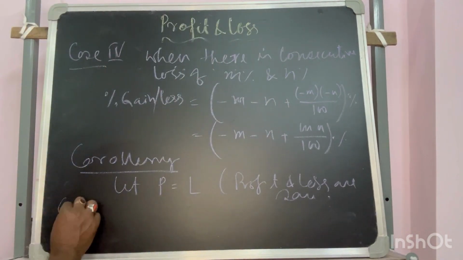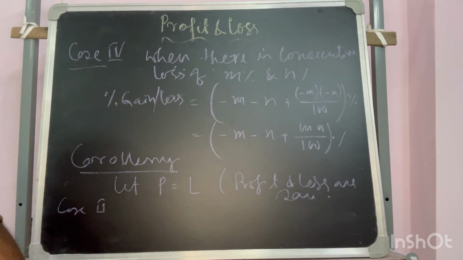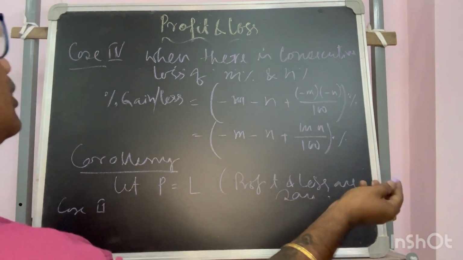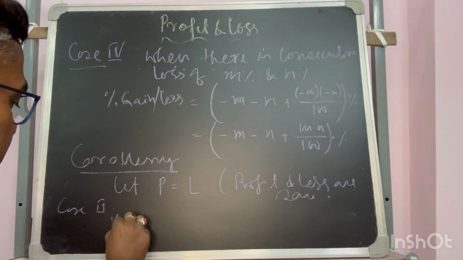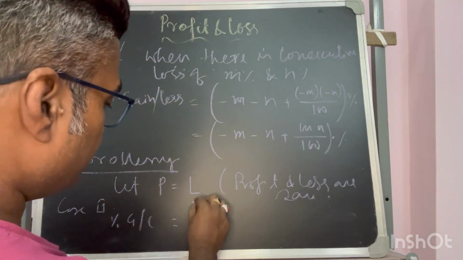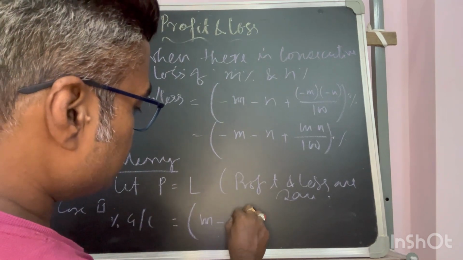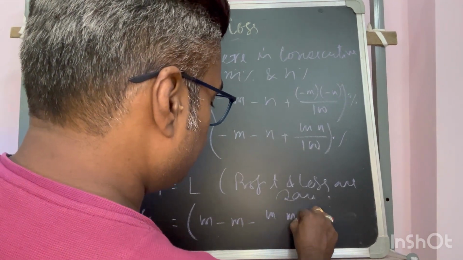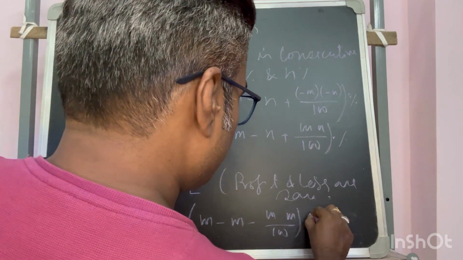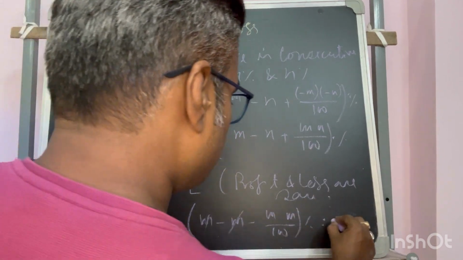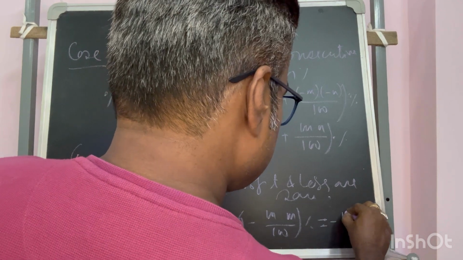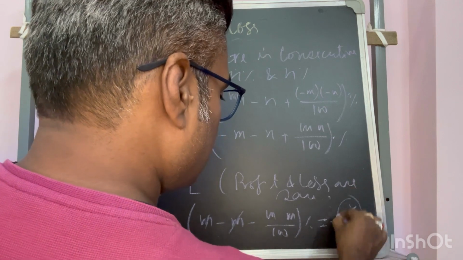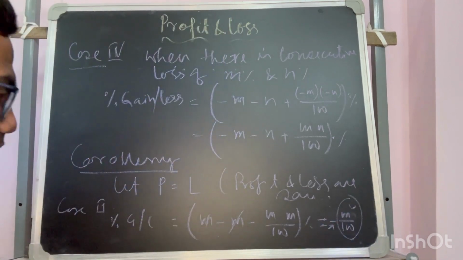Considering case 2, when one is profit and the next one is loss, or vice versa. Then percentage gain or loss is equal to m minus m minus m into m by 100 percentage. So this will cancel out, and this will become minus m square by 100. Now what does it mean? This is okay, but what does that minus sign signify?